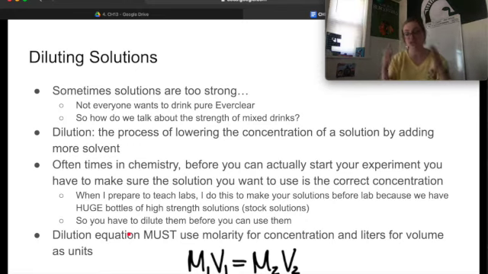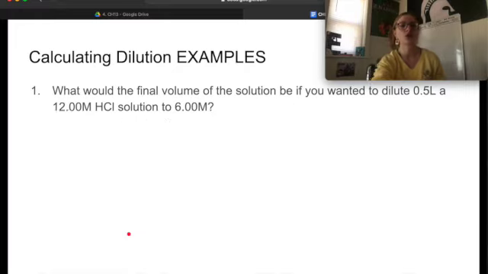Anytime we're using volume in this equation, it makes our life way better if we just use liters from the start. So you must be using molarity and liters. If you see units in anything else, it should be a huge hint that you've got to do some conversions. So we're going to go ahead and work through the first example under calculating dilutions.